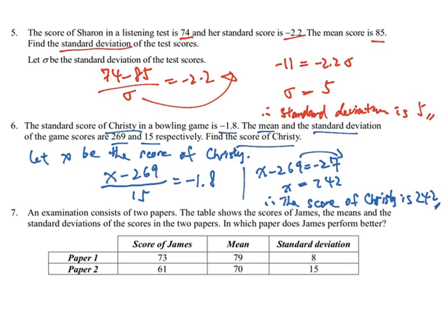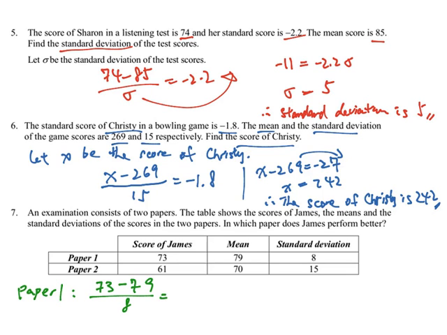Lastly, question 7. First, you need to find the standard score of James's paper 1, because we want to compare which paper he performed better on. So for paper 1, his score is 73 minus 79 over 8.